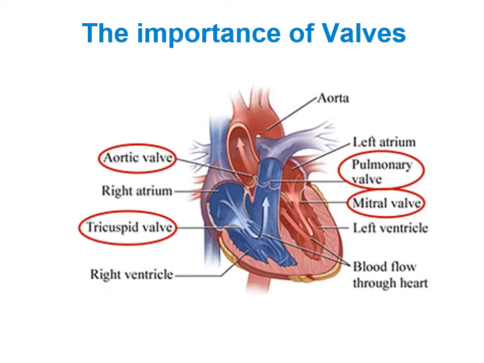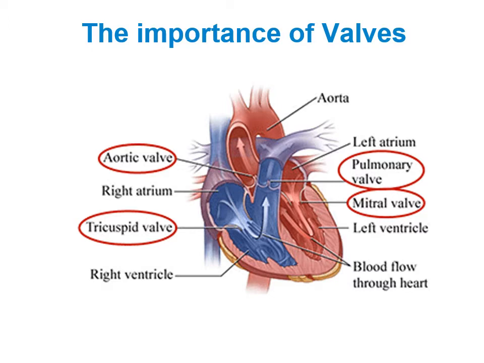Valves prevent blood from going backwards in the heart. The tricuspid and bicuspid valves prevent backflow from ventricles to atria as the ventricles are squeezing. The semilunar valves prevent backflow from the artery into the ventricle.